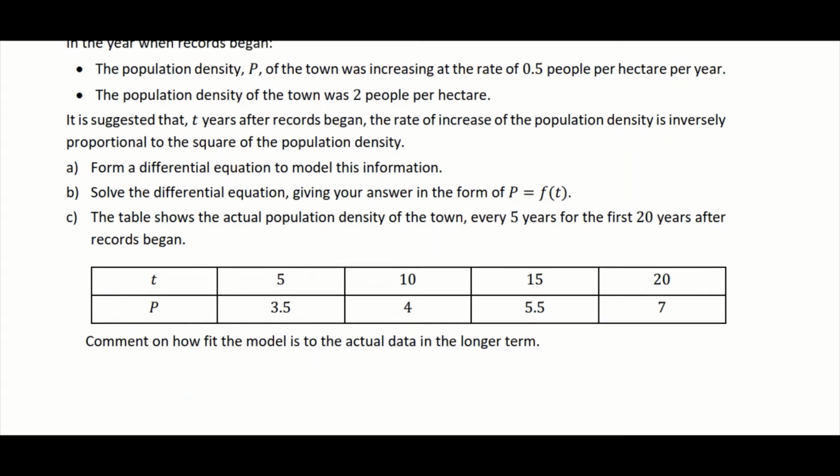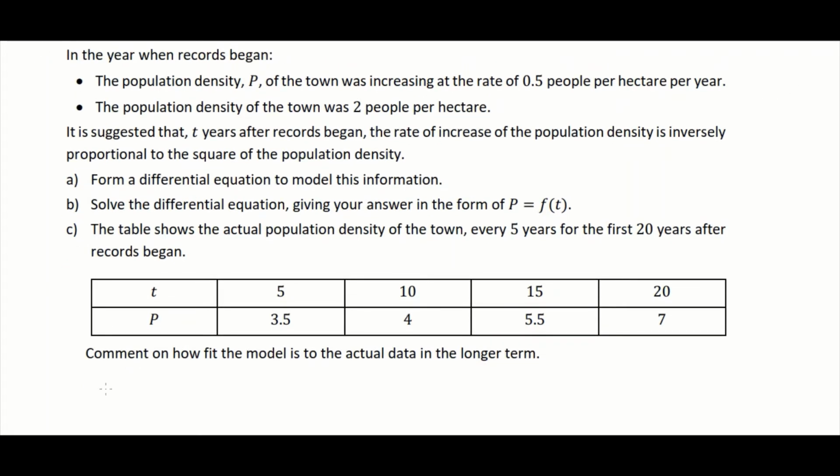So let us try to write this in maths way first, so you don't need to keep on repeating reading the question. In the year when records begin, that is the same as saying initially. So when t equals 0, this is what happened.